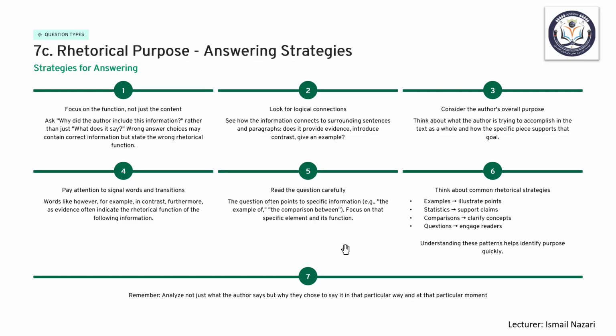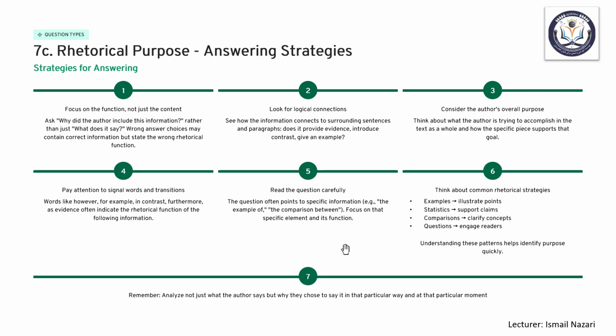Read the question carefully. Often the question itself helps you with providing specific keywords. Those keywords will be given, and we can use those keywords in order to go directly to a specific part of the text and choose and use actually the right rhetorical strategies. If it is examples, the purpose is clear.